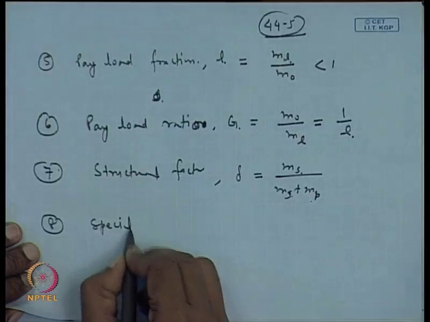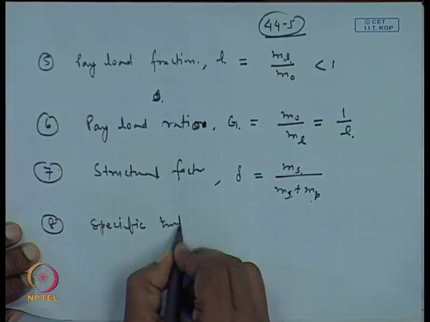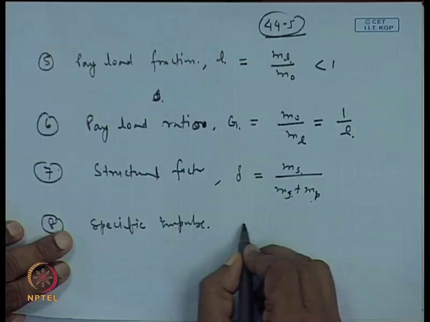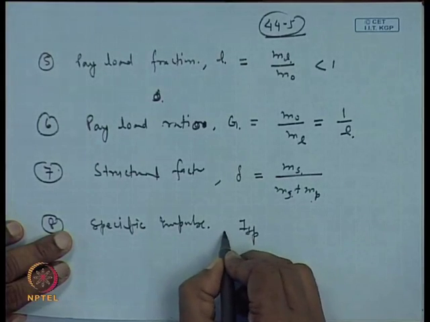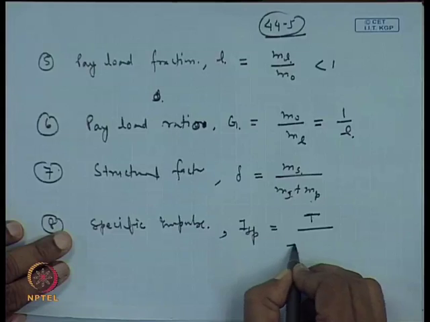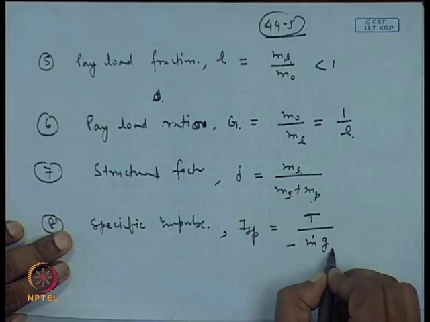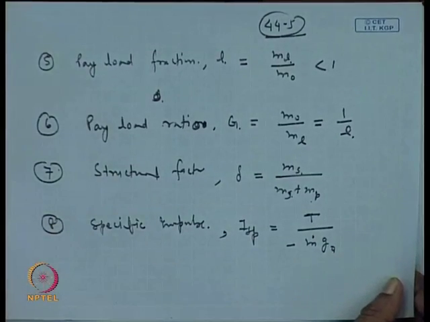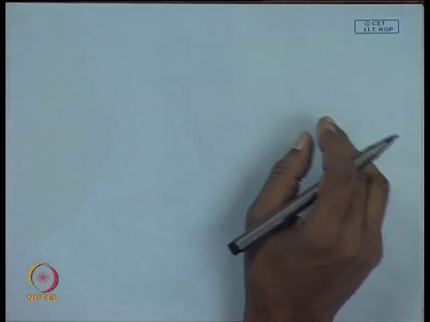And then we have a specific impulse I_sp, this is T divided by minus m dot g_0. Okay, so, these are the design parameters of a rocket.